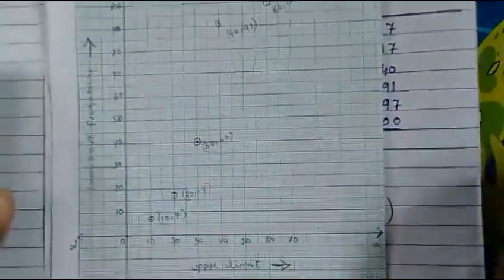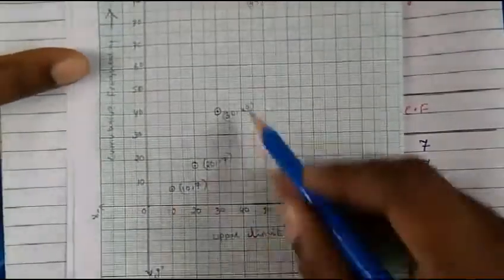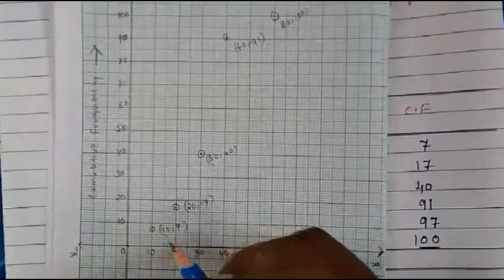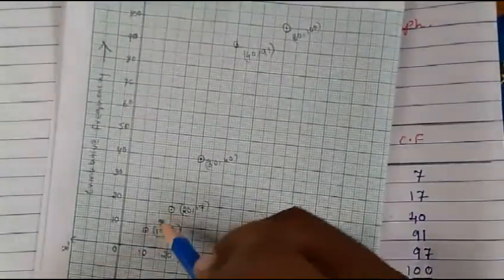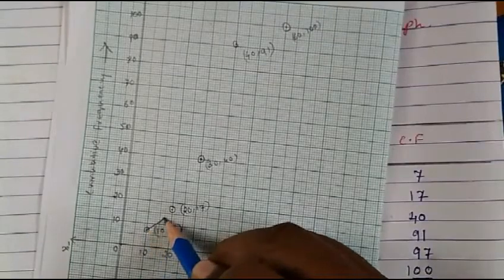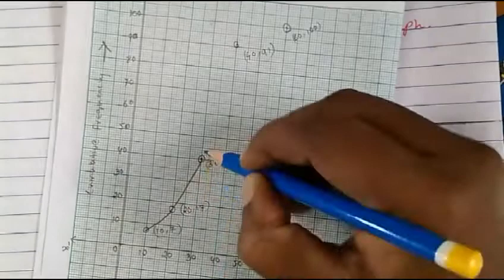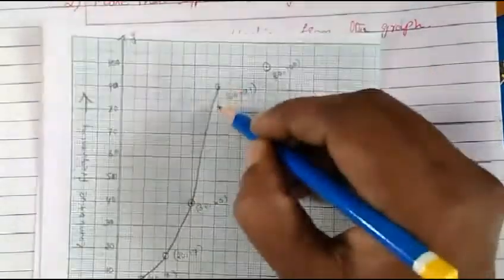So after plotting the graph, what do we have to do? Now with a free hand, you have to join all these points. So start from here, from this point to this point, from here to this point, and from here to this point.